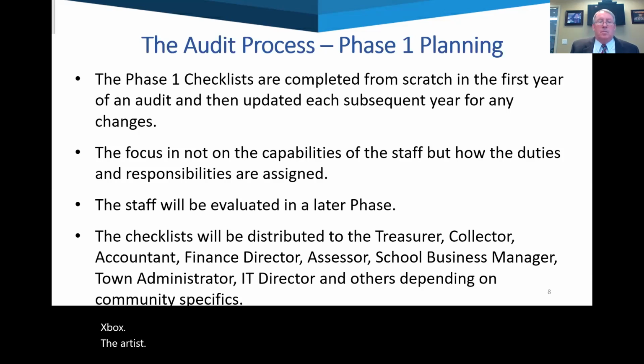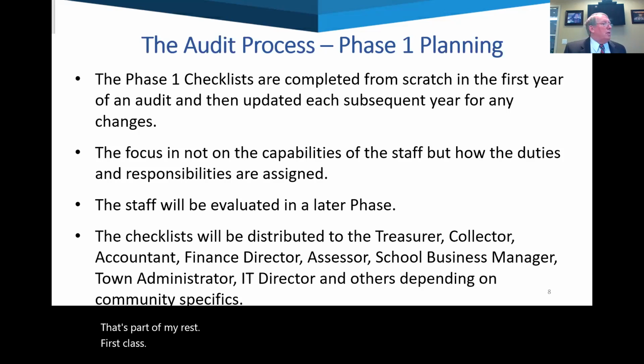But whether or not you're capable to do that, and whether or not you possess the knowledge to complete those duties and responsibilities, that's part of our risk evaluation a little bit later. But what we're looking at now in that first phase of the audit is, do you have a system that's functioning and designed to safeguard the assets of the entity?